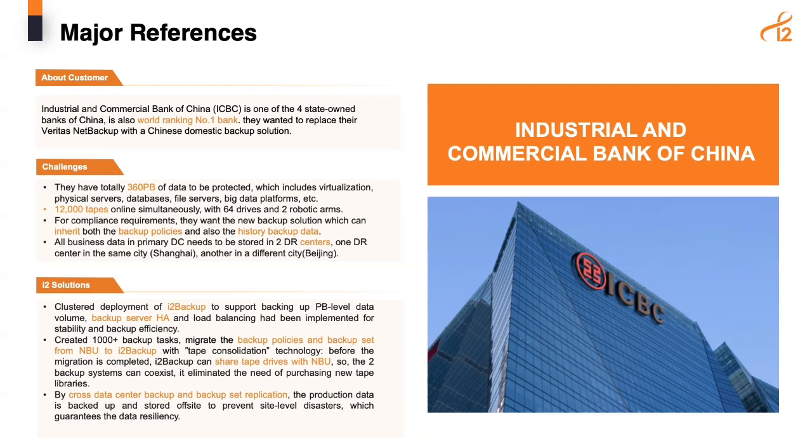And since last year till today, we have helped them back up more than TBs or PBs of data, and they expect that we will be able to help them migrate all of the data from NetBackup NBU to our i2 backup by the end of next year.